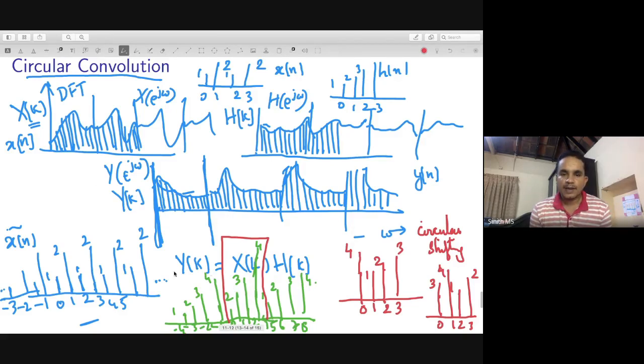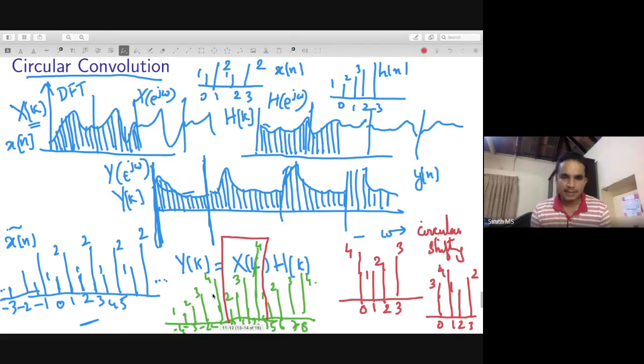So what happens in the time reversal? How do you find time reversal? Again, you consider this from 1, 2, 3, 4. If you time reverse it, this 4 will come to the position of 1, 3 will come to the position of 2, 2 will come to the position of.